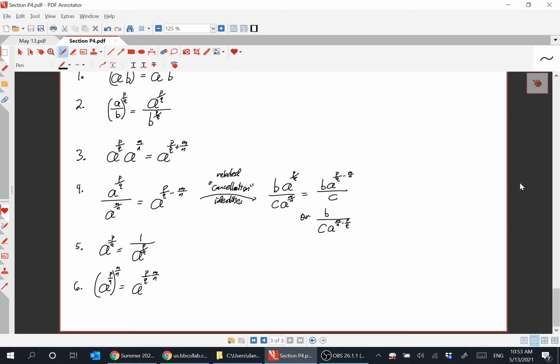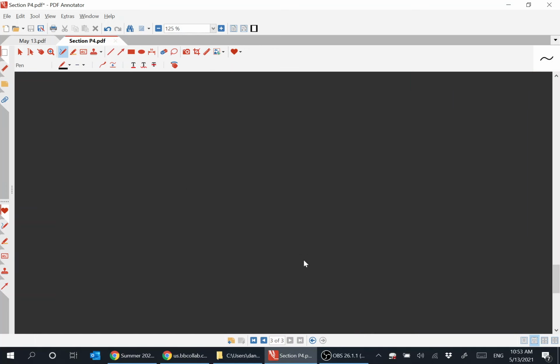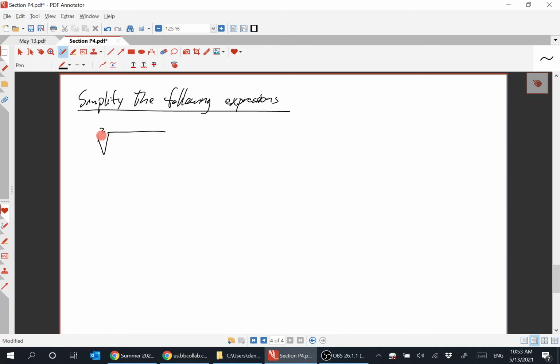Okay, so let's take a couple quick examples in the last minute or so. Could we do one similar to number 68 on section P4? Similar to 68.